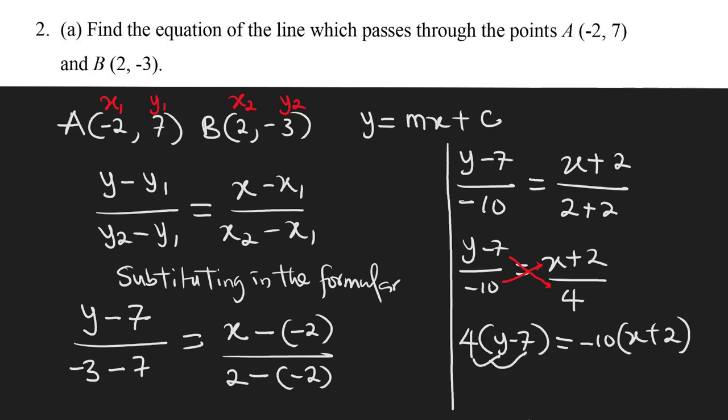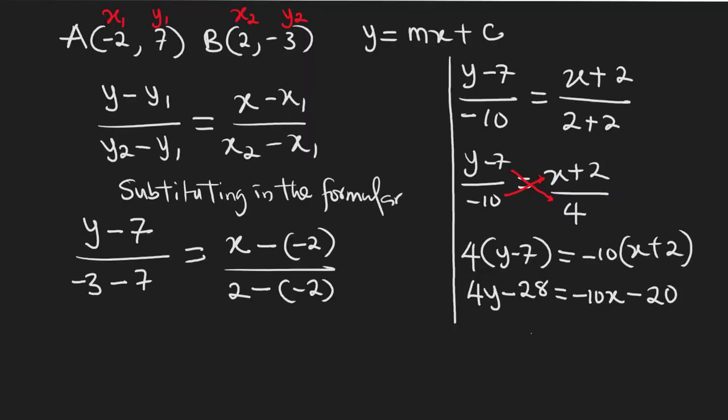So 4 times y is 4y. Then 4 times minus 7 is minus 28, is equal to minus 10 times x, which is minus 10x. Then minus times plus is minus, 10 times 2 is 20, right?